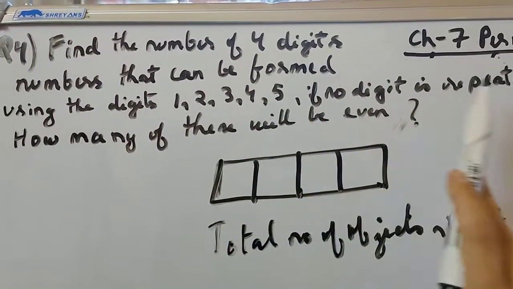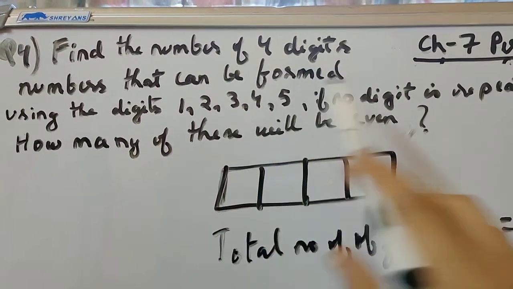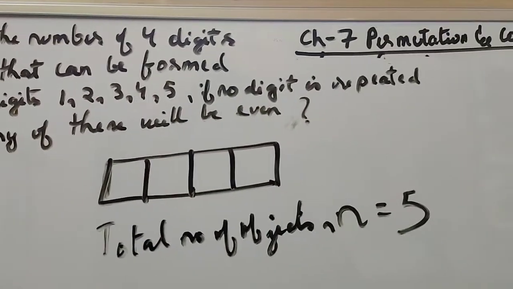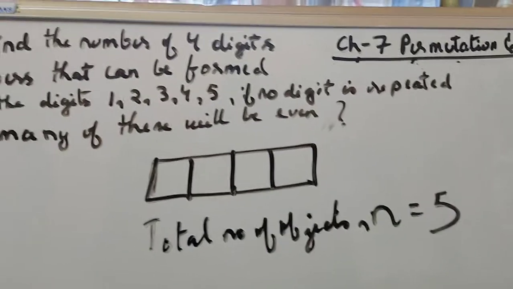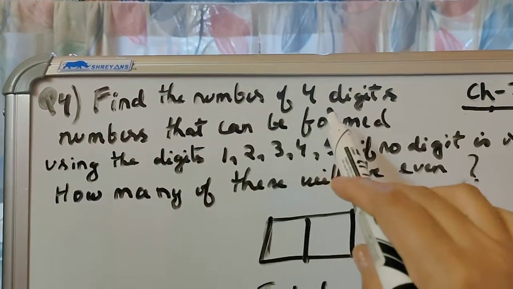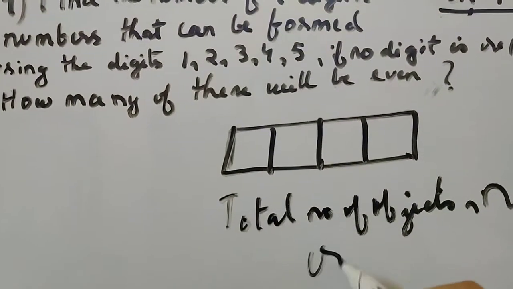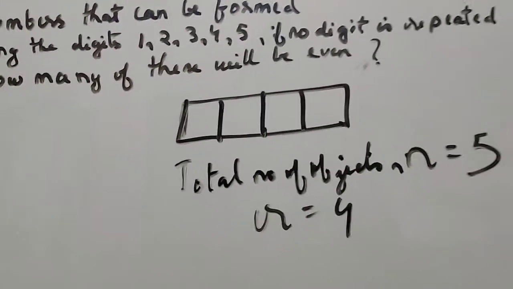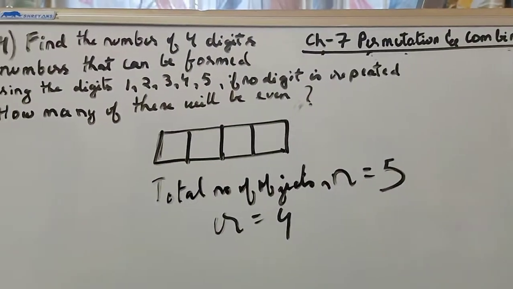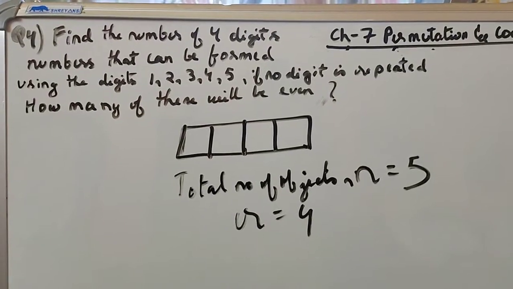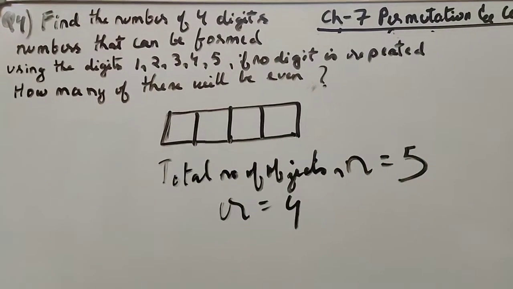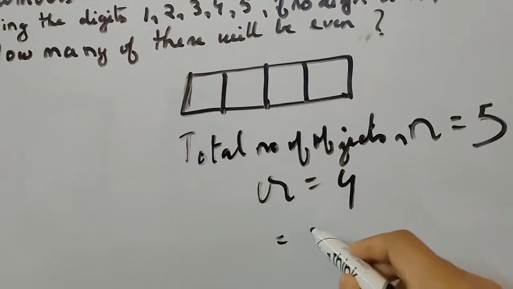There is no condition in the first part, nothing. So I have simply 5 digits, 5 numbers. And what is the arrangement? Find the number of 4-digit numbers. My arrangement will be 4 here. For the first part, there is no condition. We are not considering the condition. So it is very easy now.